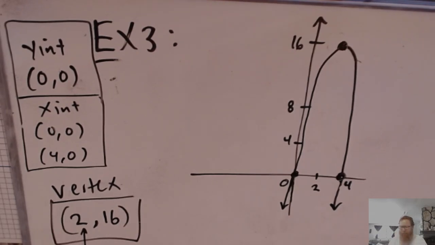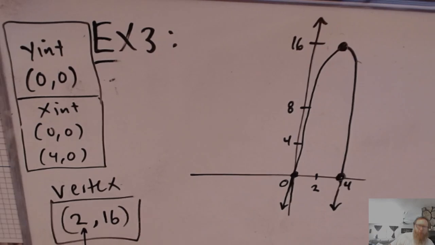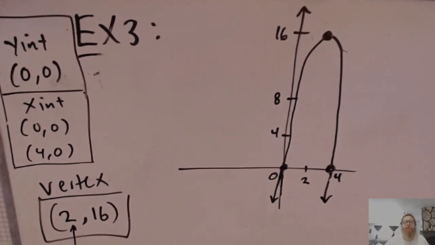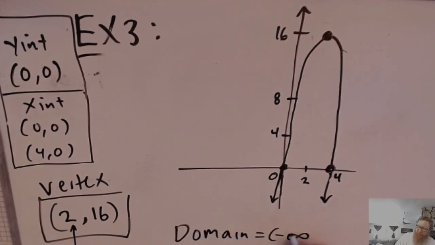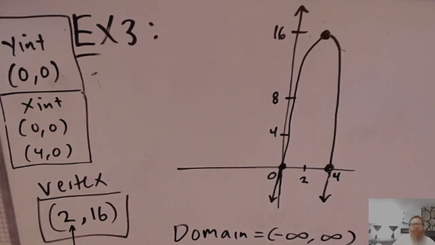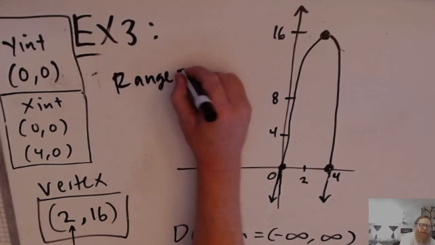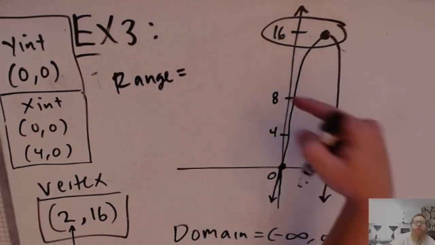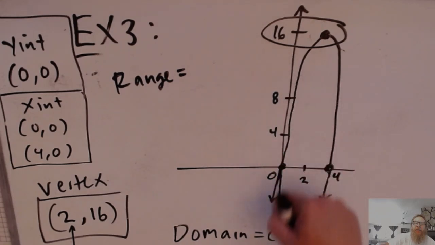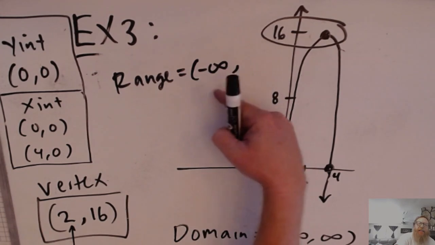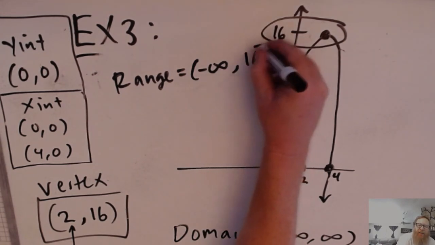All right. The last thing I asked for was the domain and range. Domain is a free answer. Negative infinity to infinity. The range is not free. The range, you have to look at the y values. They go down to negative infinity, so put negative infinity first, and then the 16.